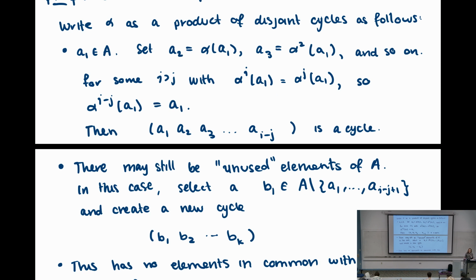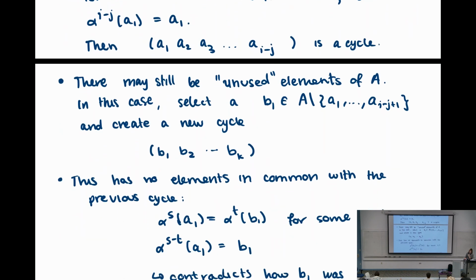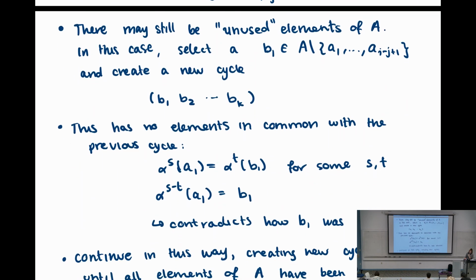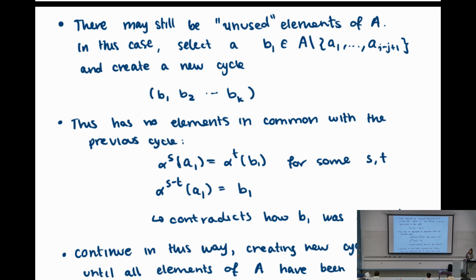Good. Yeah. One question about alpha to the s of A1 equals alpha to the t of B1, and how you go from that step to the next step. Yeah, so alpha is an element of a group, and so is alpha to the t, so it has an inverse.